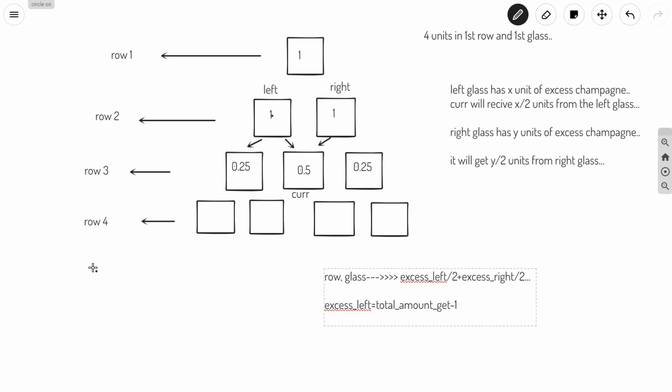So we will use a recursive function here, and whenever we use a recursive function, we will use memoization in order to reduce time complexity.